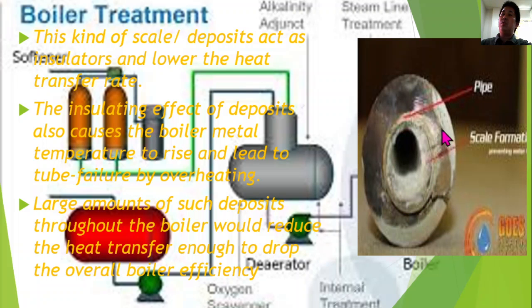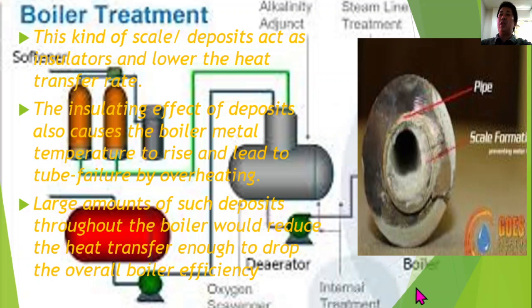So your boiler, if it is set to automatic, will automatically add more fuel to boil this water, and it can lead to overheating. Large amounts of such deposits throughout the boiler would reduce the heat transfer enough to drop the overall boiler efficiency, of course.